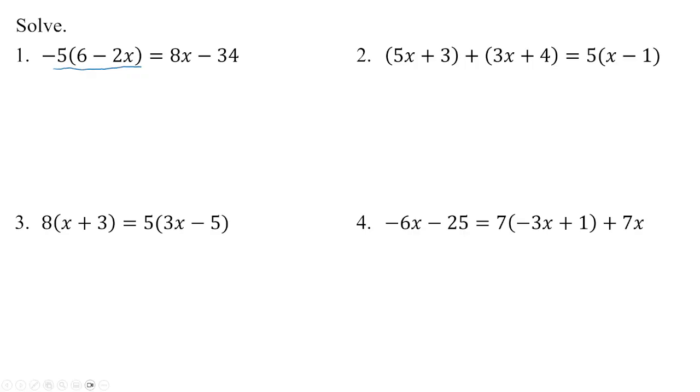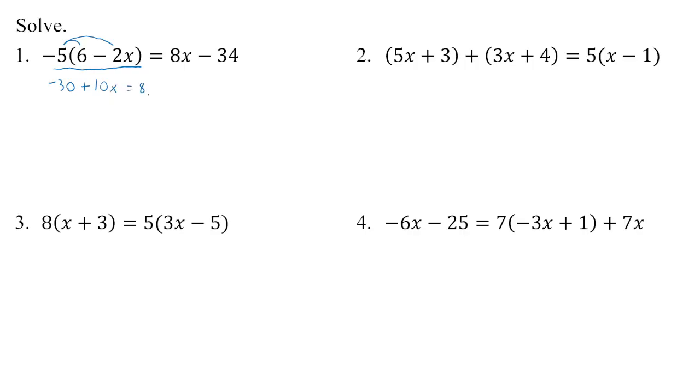Now this side right here has to be simplified, and we're going to do that by applying the distributive property, meaning you multiply everything you see inside the parentheses by what's outside. So negative 5 times 6 is negative 30, and negative 5 times negative 2x is positive 10x.